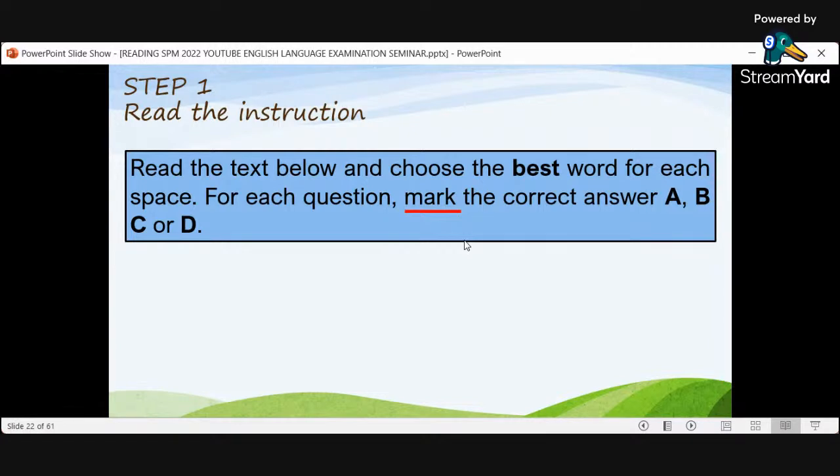Please remember, now I'm going to give a reminder. When you are in Form 5 in your SPM for reading, you have an OMR paper where you have to shade your answers. If there is an option A, B, C, or D, whatever options you have, you have to shade it, and then you will also have space to write your answers for the ones where you have to fill in the blanks, which will be in part 5.